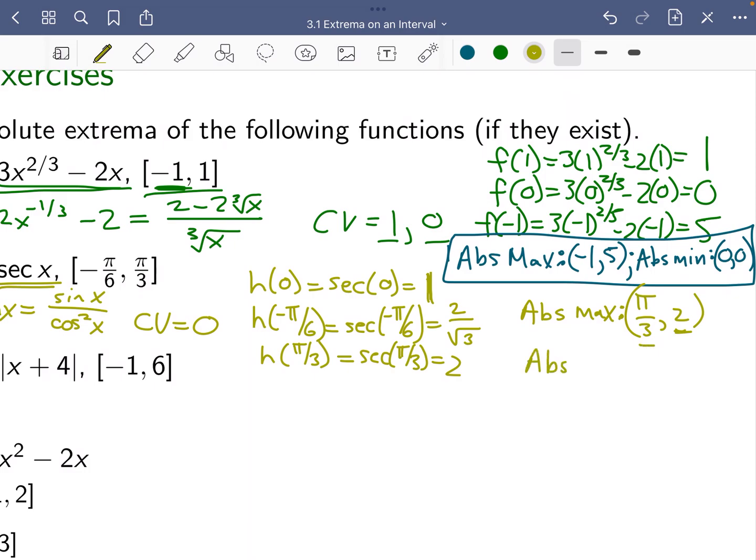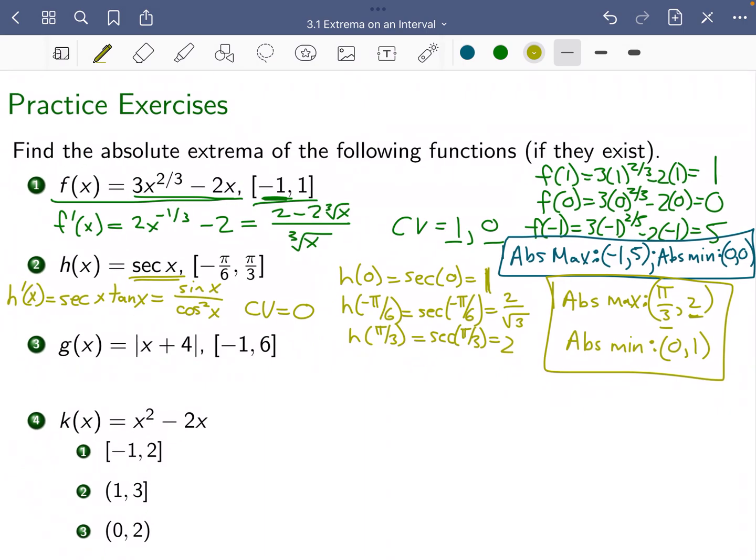The absolute minimum, our minimum is going to occur at 0, and it is 1. So those are the absolute max and mins of secant on this interval right here.